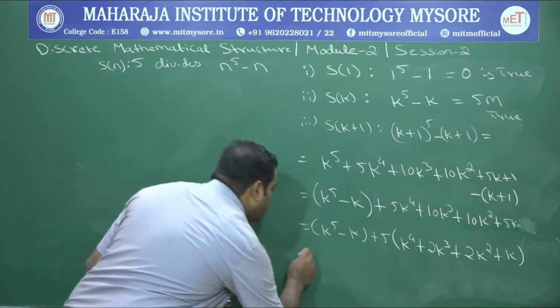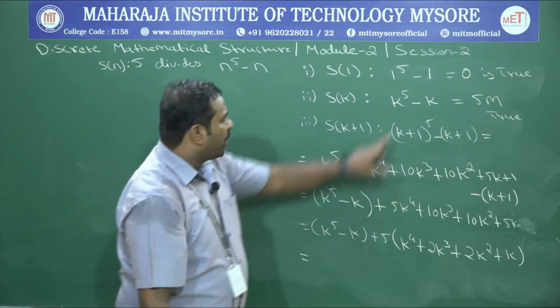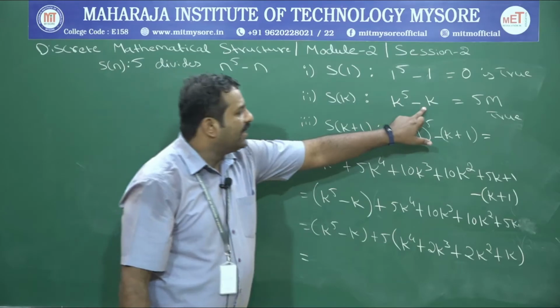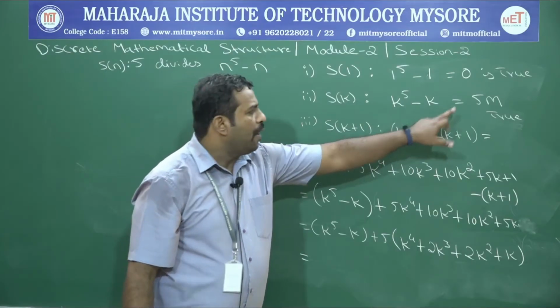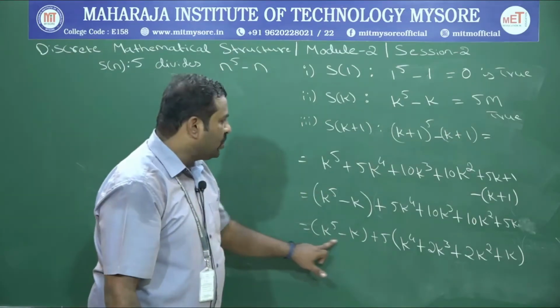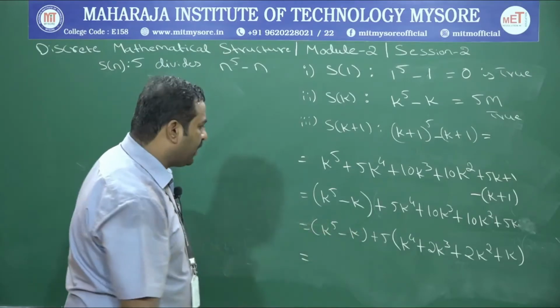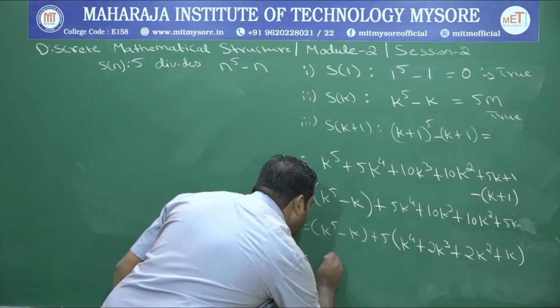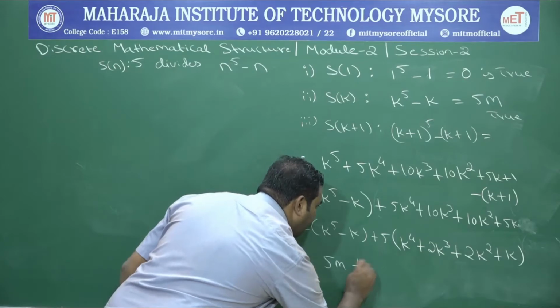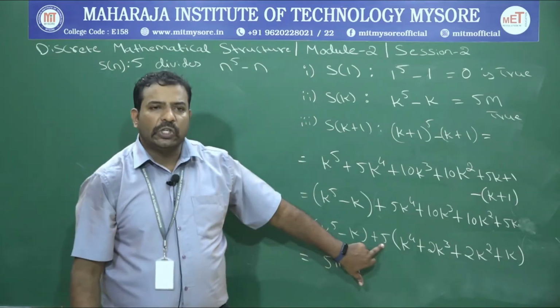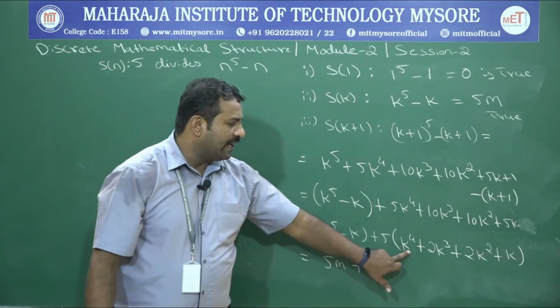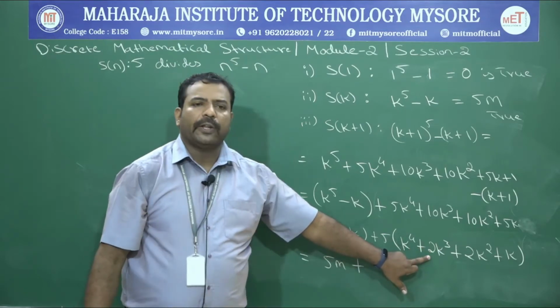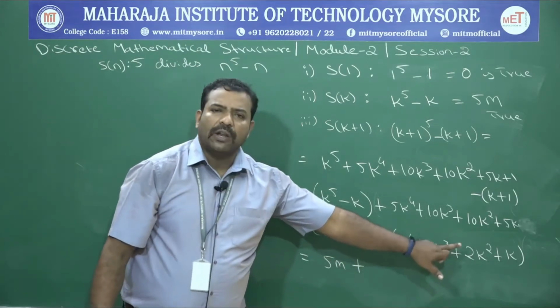So now I'm just going to observe here. k to the power of 5 minus k is going to be 5m. Hence, I'm going to replace this particular statement with 5m. So plus this entire statement as k to the power of 4 plus 2k to the power of 3 plus 2k squared plus k.